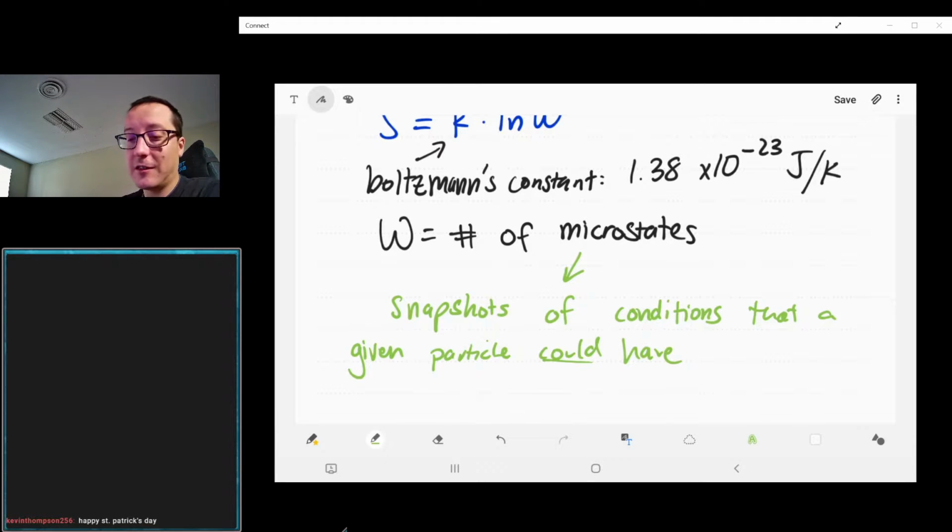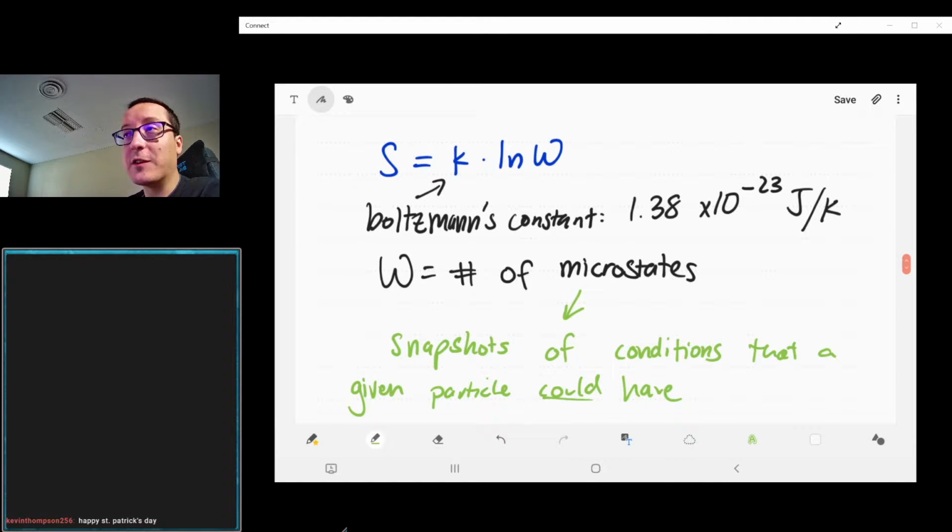And so we see here that, of course, Boltzmann's constant is very small, right? 10 to the negative 23. But we see entropy as values typically in the joules per Kelvin range. So we can see we're often dealing with somewhere along the line of having the natural log of W be 10 to the 23 or so. Thereabouts. 10 to the 24, 10 to the 22, thereabouts.